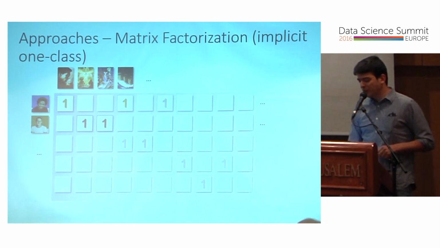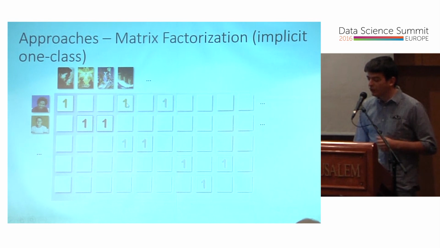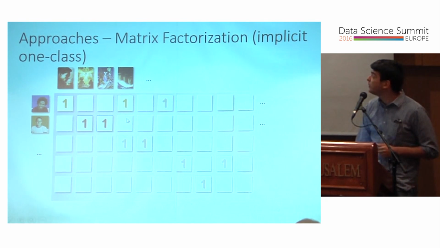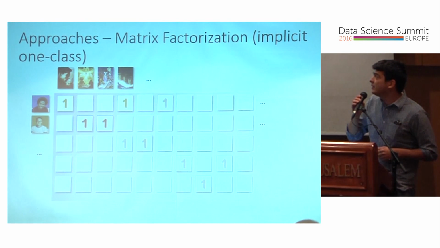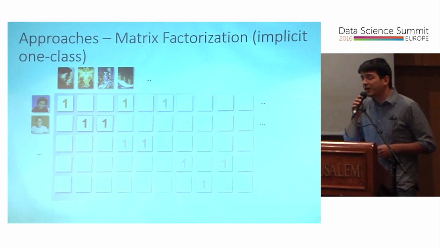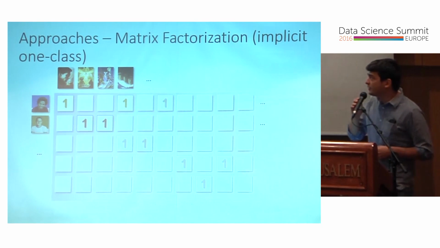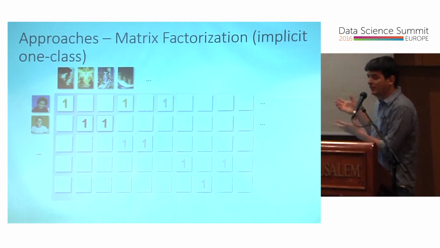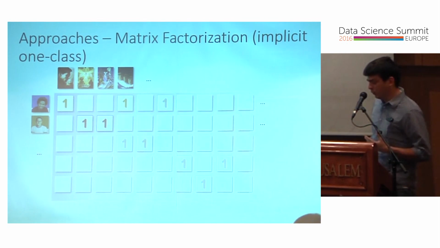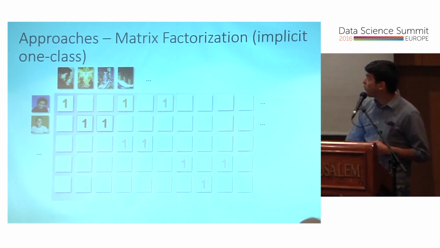So we don't know how much this user 1 liked this movie, only that they watched it. And further, and maybe more troubling, for user 2 here, we don't know if they didn't consume the movie because they didn't like it, maybe they didn't have time, maybe they weren't exposed to it. And so this sort of implicit one-class data, hence the name, is what we're forced to work with in many of these industry applications.